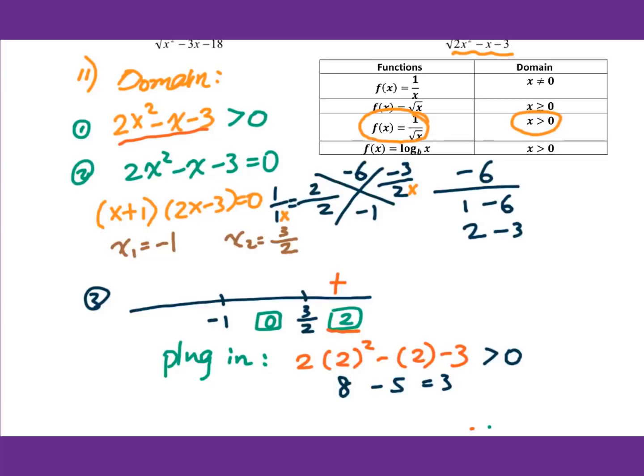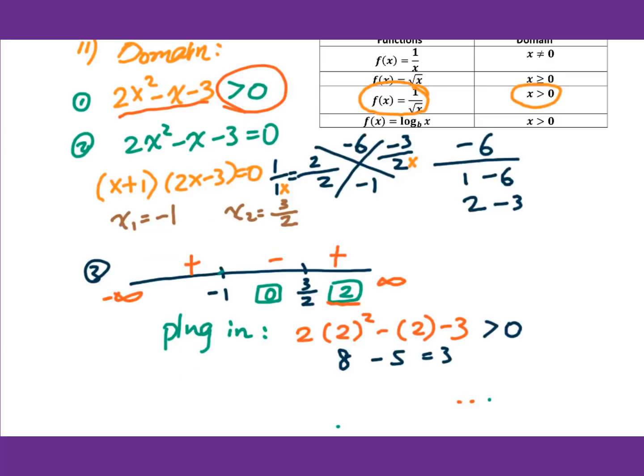For a quadratic function, the neighbor interval is opposite to each other if you have 2 roots. So here's negative, this is positive. We're looking for greater than 0, which means the positive interval will be the solution. So we put the positive infinity and negative infinity here.